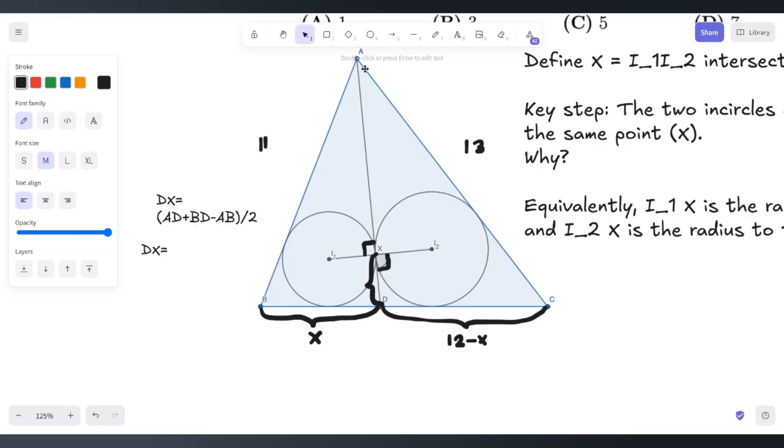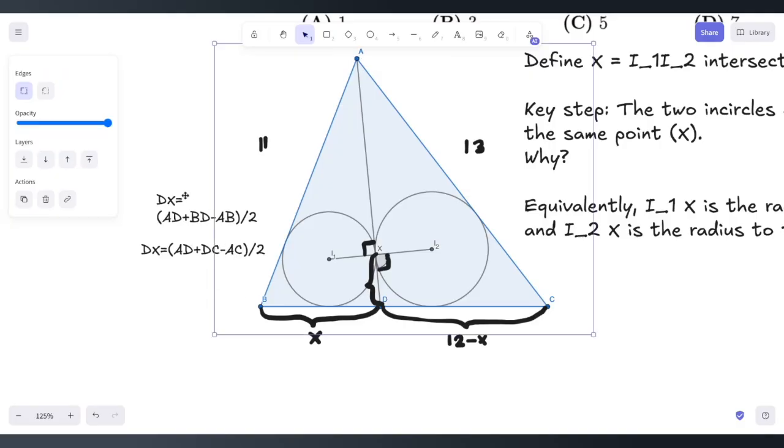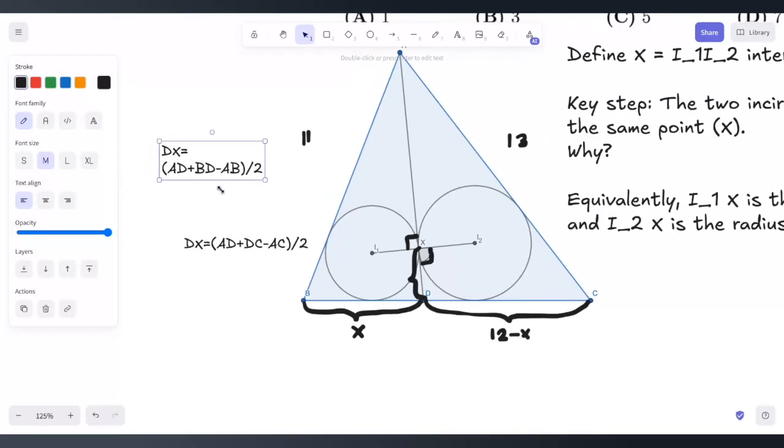So we just looked at triangle ADB, now let's look at triangle ADC. So DX also equals AD plus DC minus AC over 2. Now let's set these two equations equal to each other and solve for x.